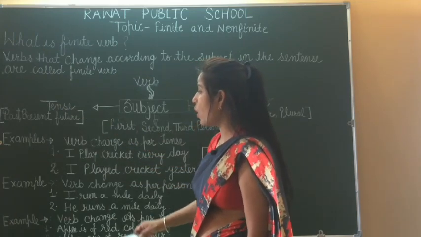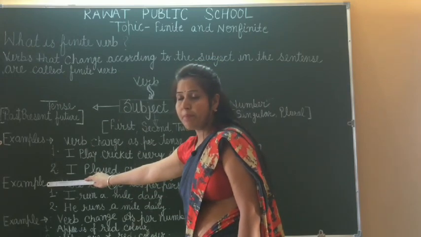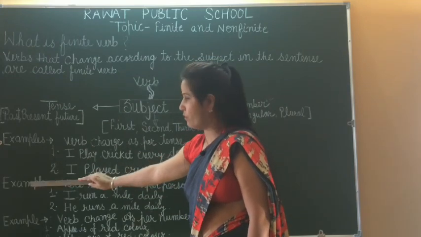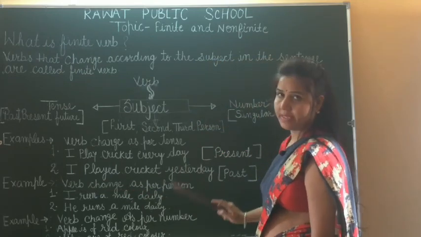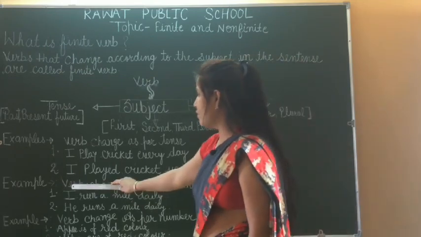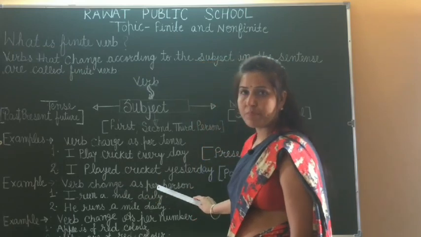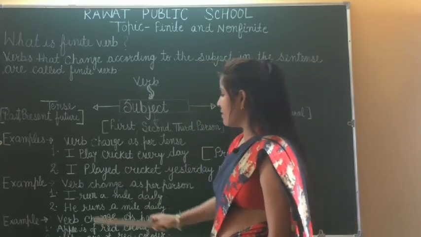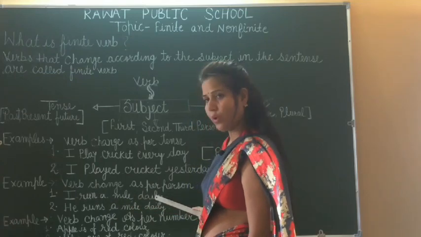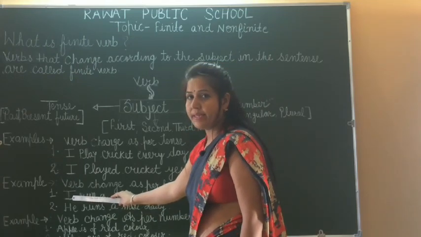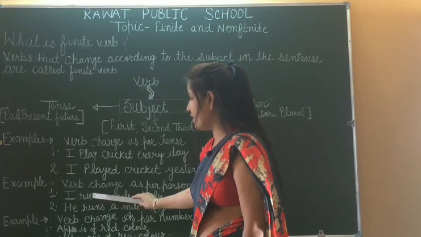Now the second parameter of a finite verb is that the verb changes as per person. First example: I run a mile daily. I is a subject and run is a verb.